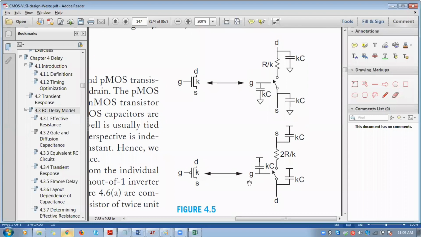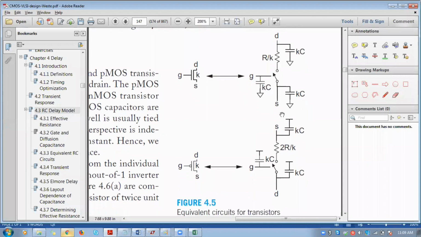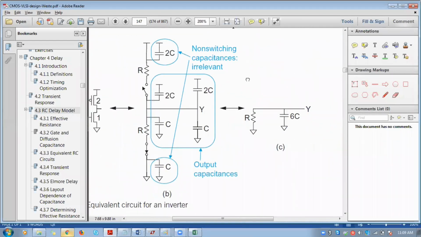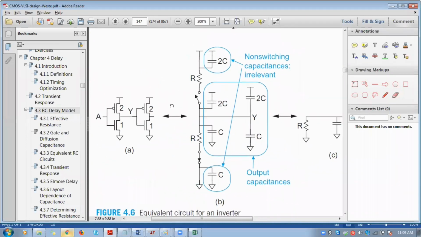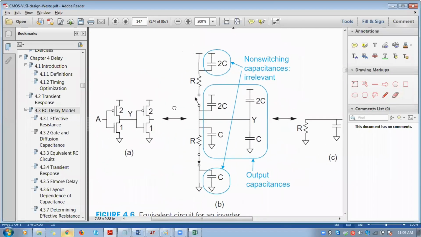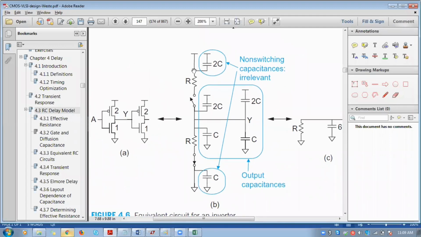In the first stage we are not considering the input capacitance, only the output capacitance. In the second stage, we are going to consider only the input capacitance. While seeing the circuit, when the circuit is on, we will not be considering this non-switching capacitance.